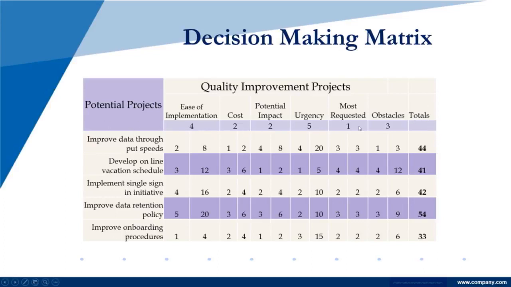We've weighed these things out a bit, of which are more important than other things. Here are our projects: improve data throughput speeds, develop online vacation schedule, et cetera. You can see these projects scored out here, and we get totals.